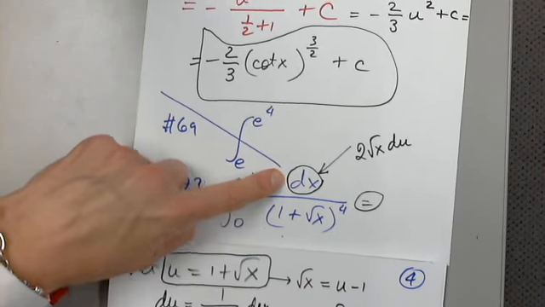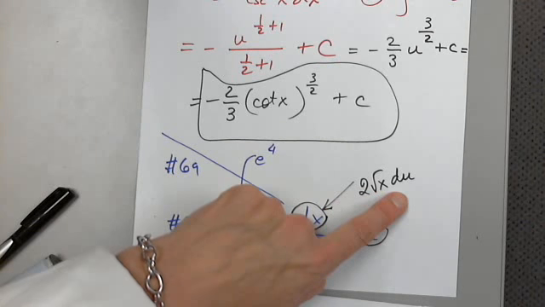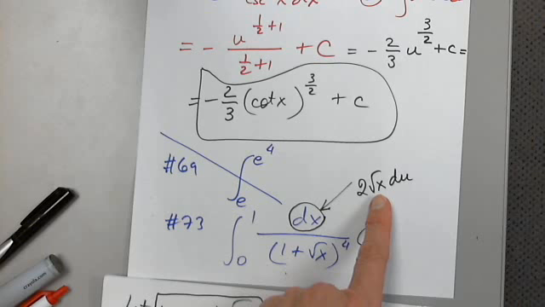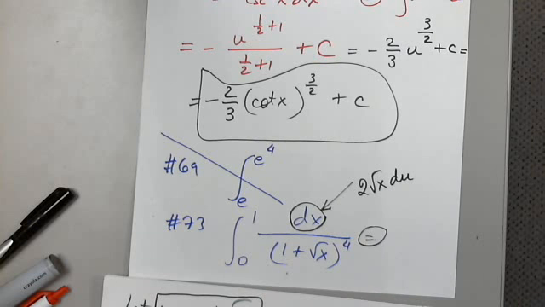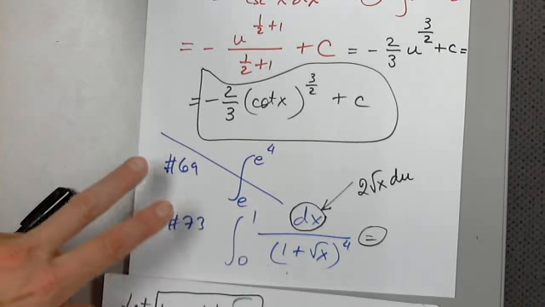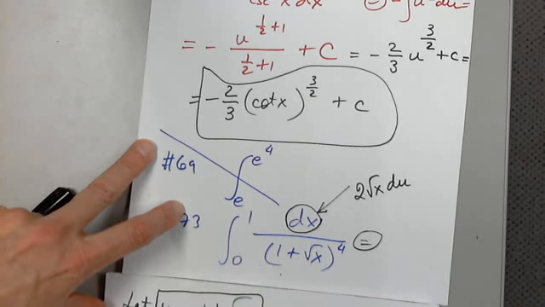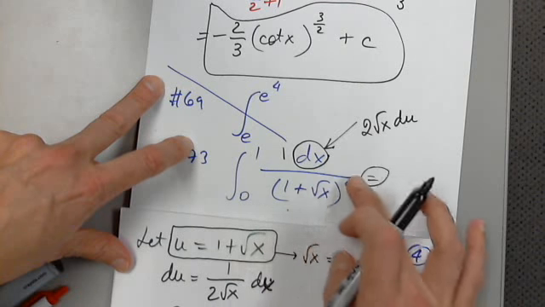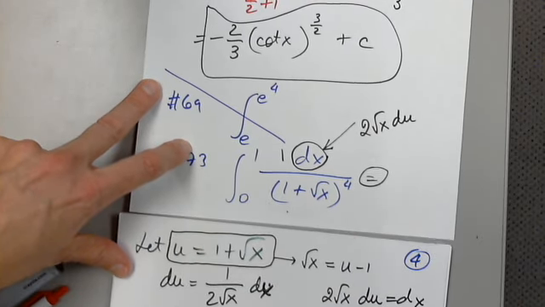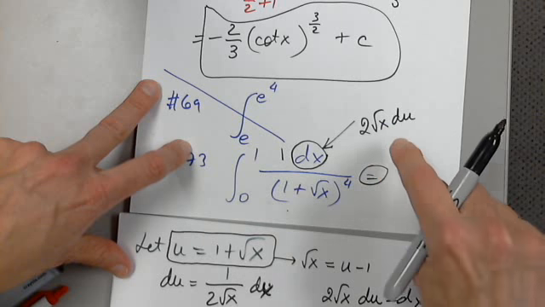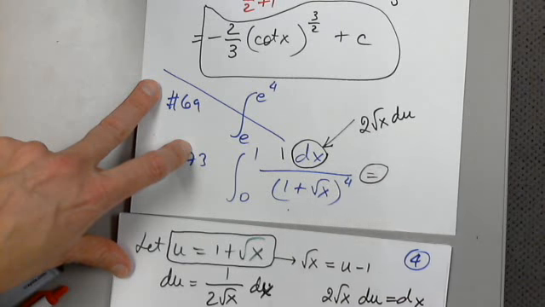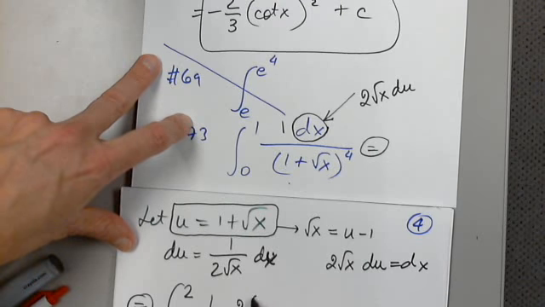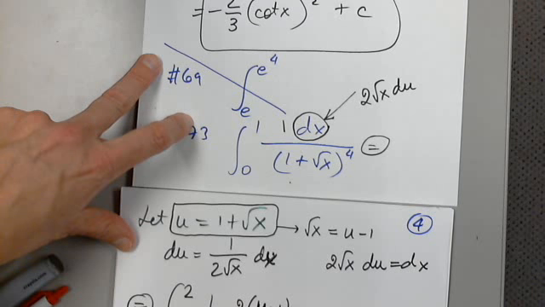So when I replace dx by 2 square root of x du, I will have to replace the square root of x by u minus 1. So 1 over this is 1 over u to the 4th. Now dx should be replaced by 2 square root of x du. Instead, I'm going to write 2 times u minus 1 du.